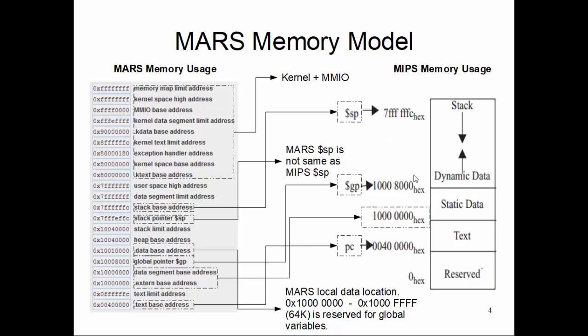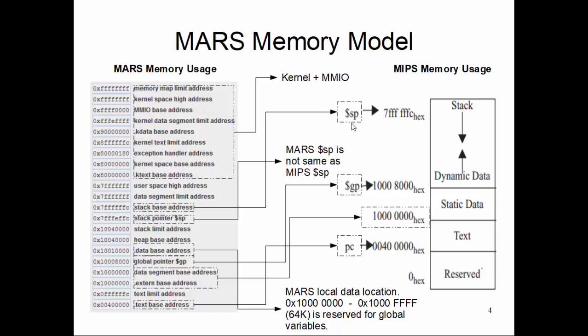So that's basically your Mars memory model, which is very similar to what the MIPS memory usage suggestion said. One difference is your stack pointer power-up address, which differs from what MIPS suggested, and I have given you a plausible cause.